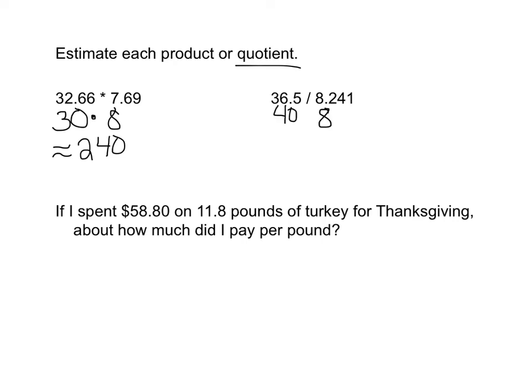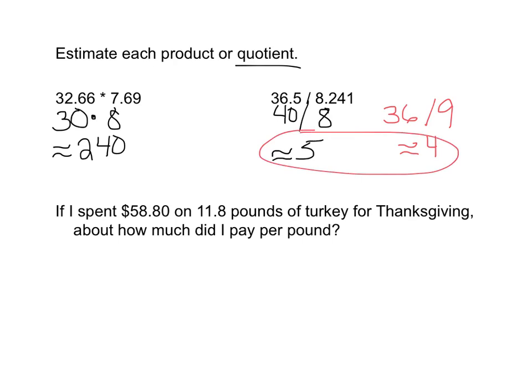So I'm going to take 40 because 36 would round up to 40. And we would just do 40 divided by 8, so we would get an answer of about 5. Now, you could also have just taken 36 and 5/10 and changed it to 36, and then maybe changed the 8 and 241 thousandths to a 9, and then you'd have an answer of about 4. Either one of these would be okay, it just depends on how you look at the problem.